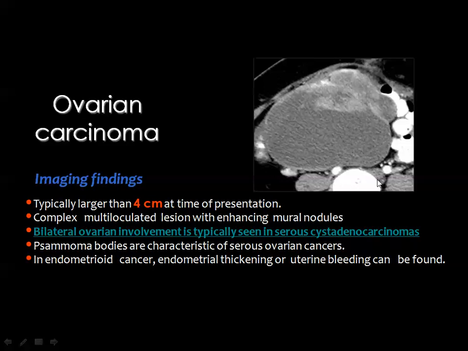And the presence of just internal septations is usually seen, as I have said, in mucinous cystadenoma, but the thickness of the internal septations and the presence of mural nodules are important in prediction of the malignant nature of the lesion. And bilaterality of these lesions is common, especially in the serous cystadenocarcinoma.